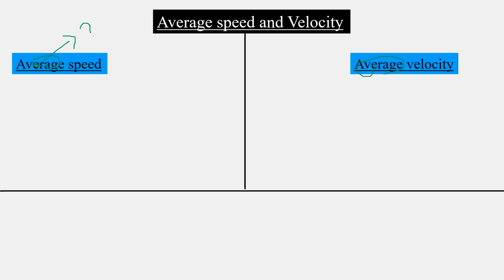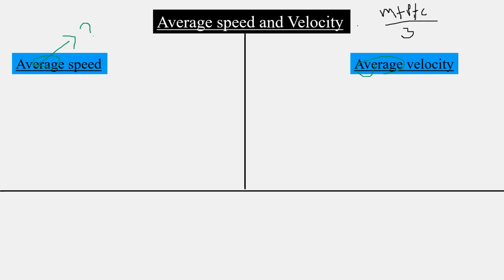When you do average for, let us say, maths subject, physics subject, chemistry, you take the marks of these 3 subjects and divide by 3 to get the average.